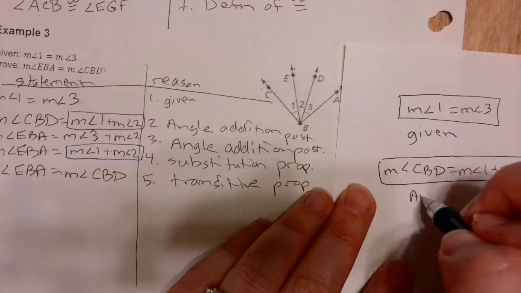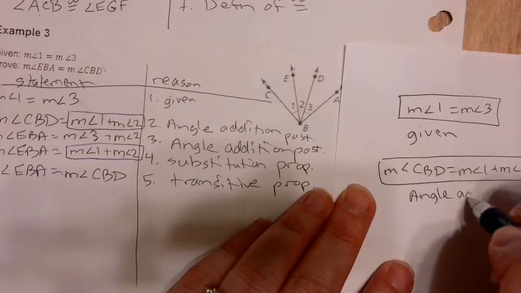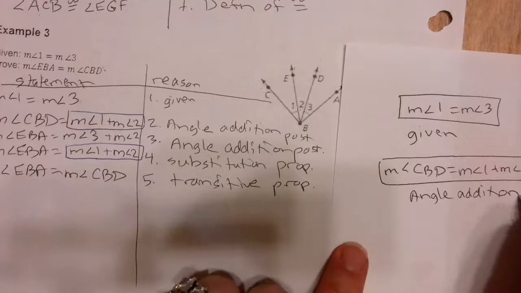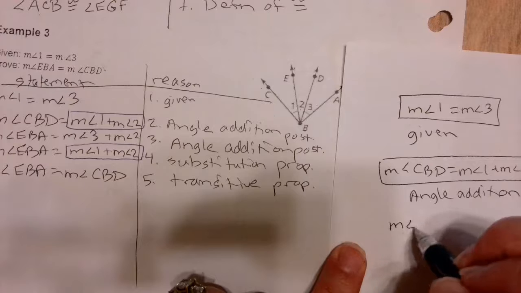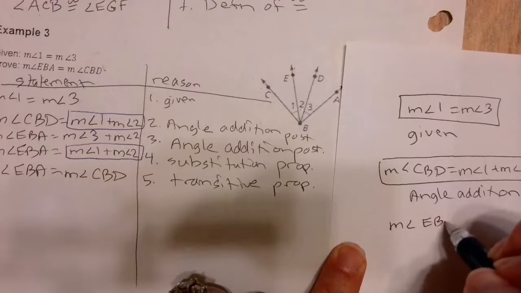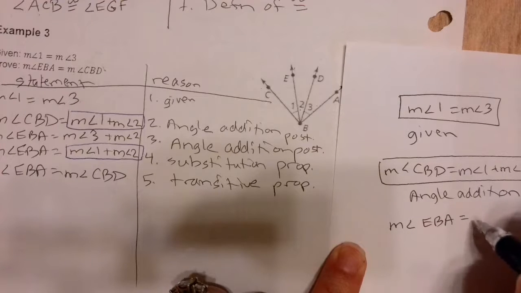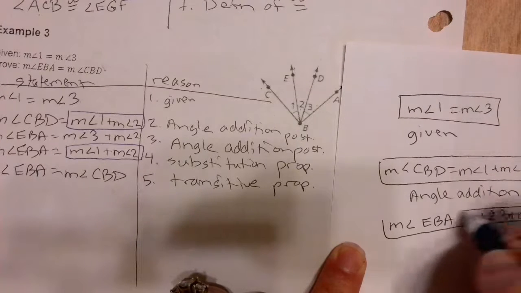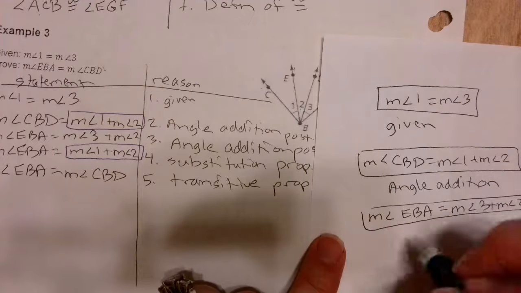And we know that by angle addition. And we also know that the measure of angle EBA is equal to the measure of angle 3 plus the measure of angle 2 by angle addition postulate.